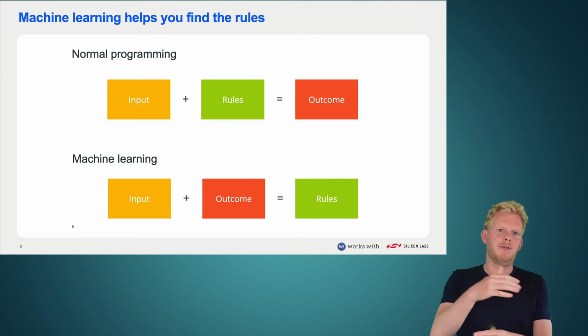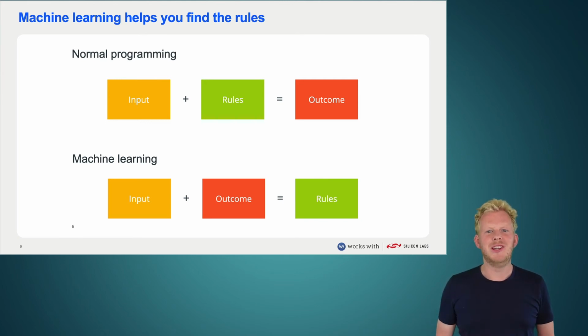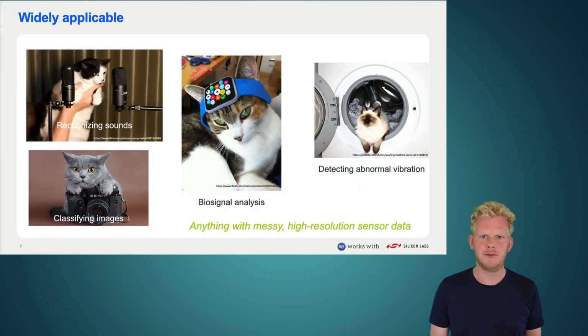So you switch the stuff around. And the cool part is that a computer is really good at this stuff. The great part is that once you've found those rules, there's nothing different than if you would have written those rules yourself. It's just mathematics, and our computers, our dev boards, even measly Cortex M4s running at 40 megahertz, like on the Thunderboard Sense 2, are really good at executing that stuff.